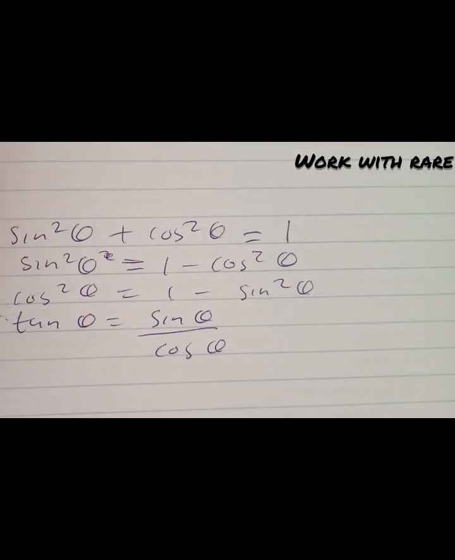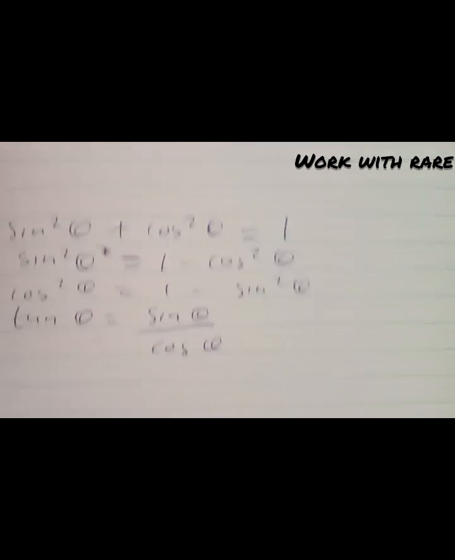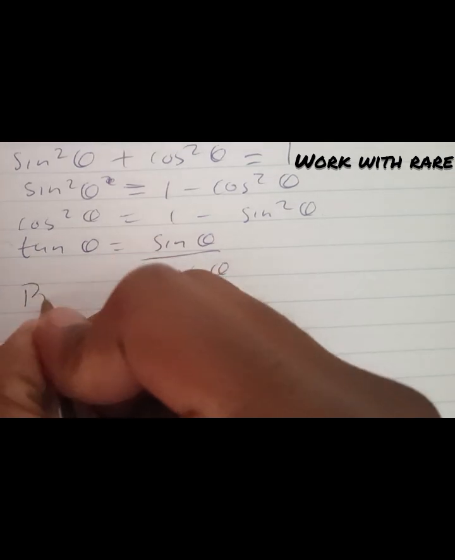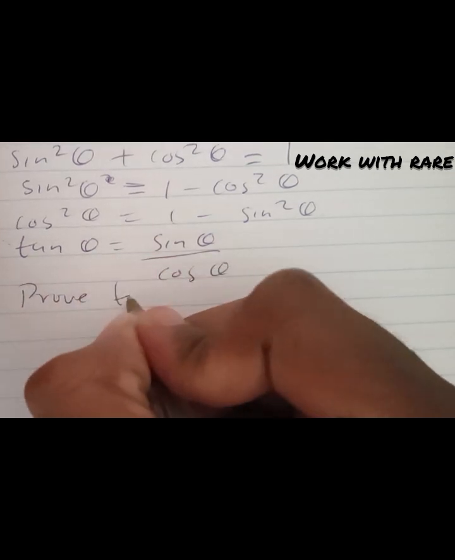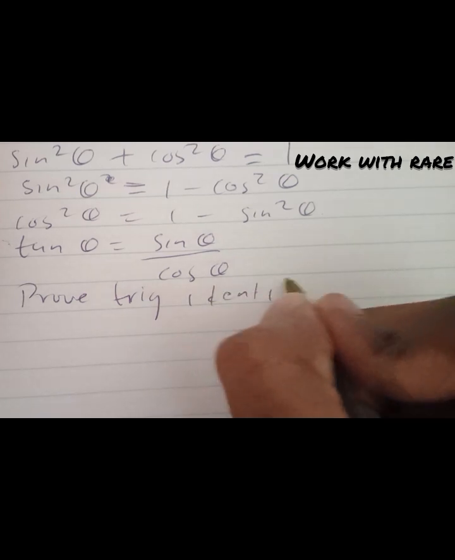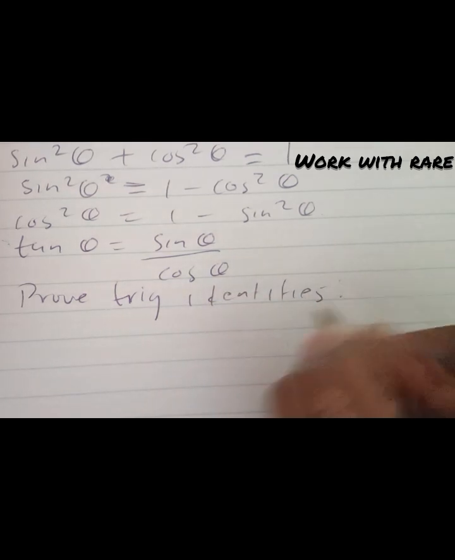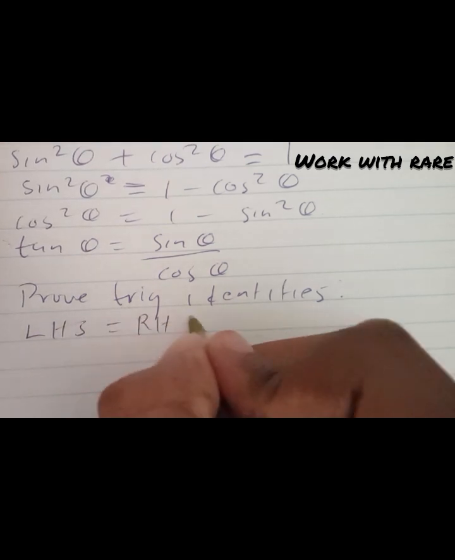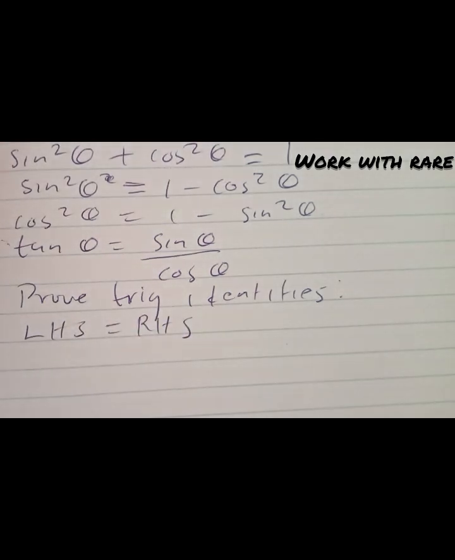So when they want you to prove the identities, you should focus on the left hand side and the right hand side. Remember, when they say prove the trig identities, you should equate the left hand side to the right hand side, but at first you should look for the one that you can break.